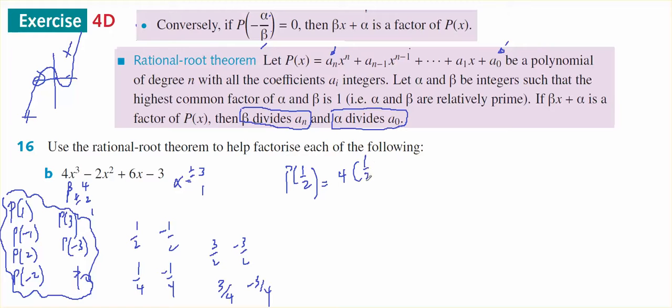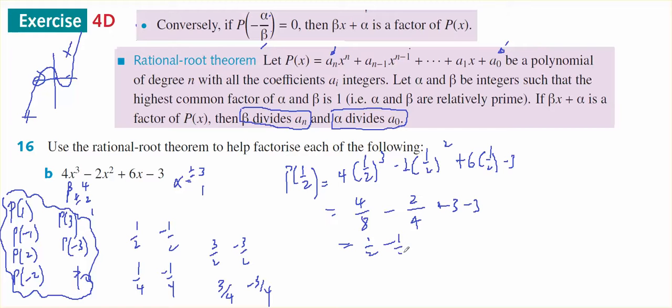4 times a half cubed minus 2 times a half squared plus 6 times a half minus 3. 4 on 8 minus 2 on 4 plus 3 minus 3 is a half minus a half plus 3 minus 3, bingo, equals 0.